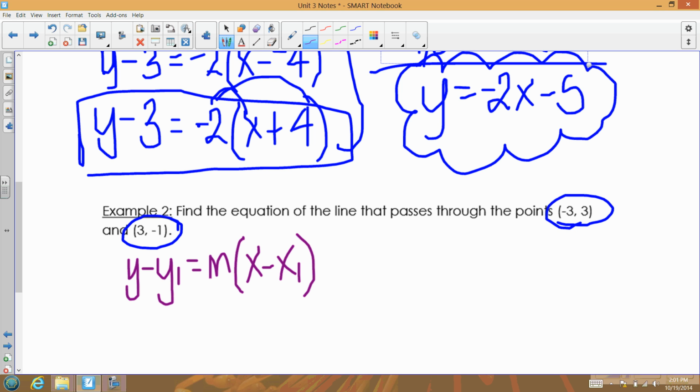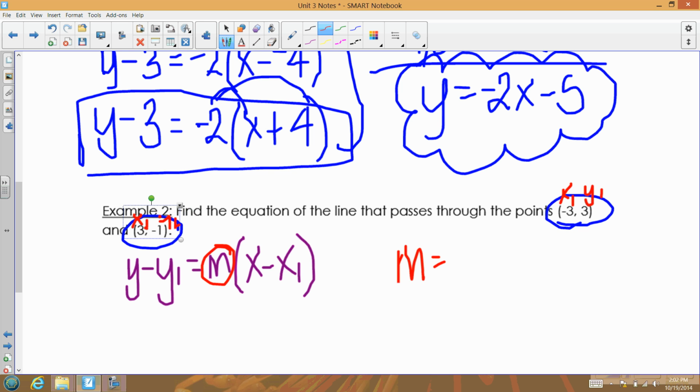In order to be able to find the equation of the line, I'm going to have to figure out the slope and one point. So before I can do anything, I have to figure out what the slope is. Because I already know I have these 2 points. I have like an x1, y1, x2, y2. So I'm going to have to use those 2 points to figure out the slope.